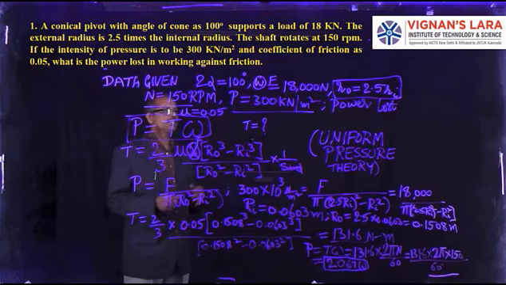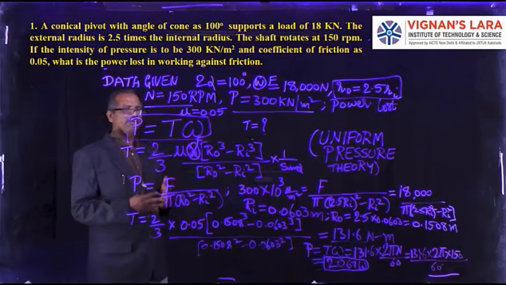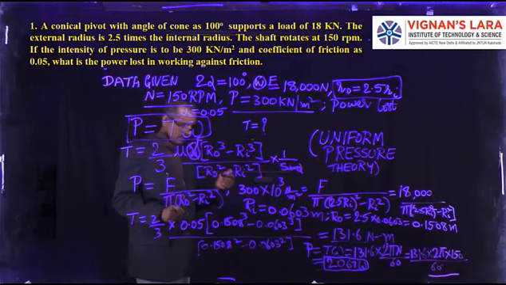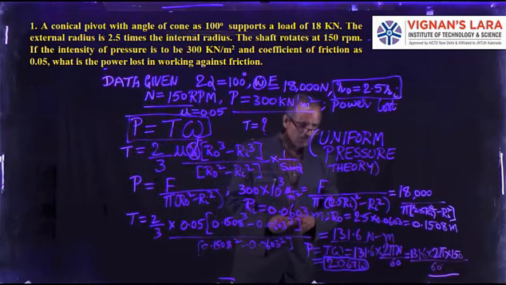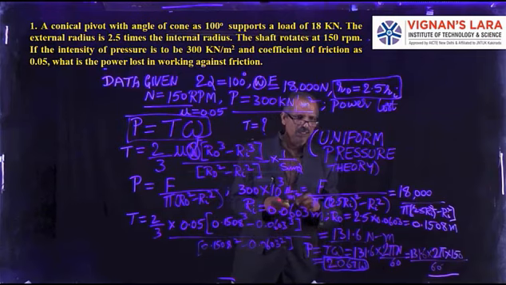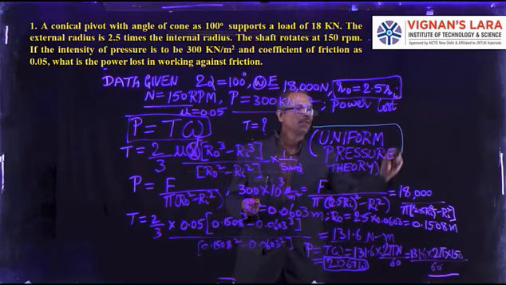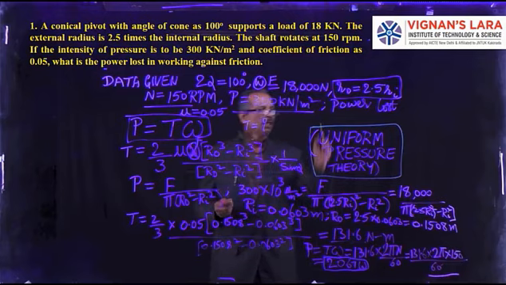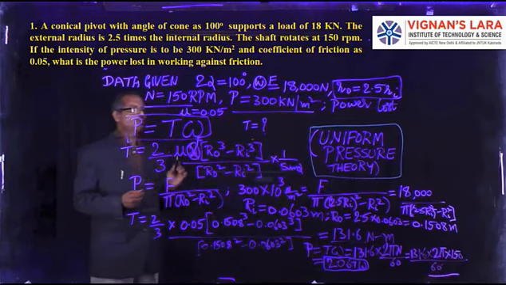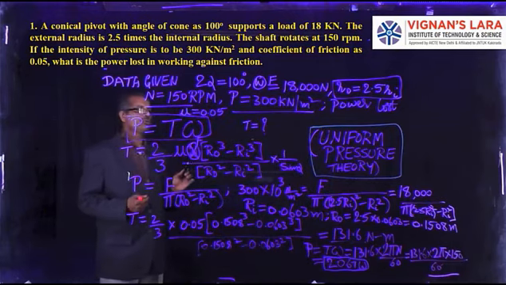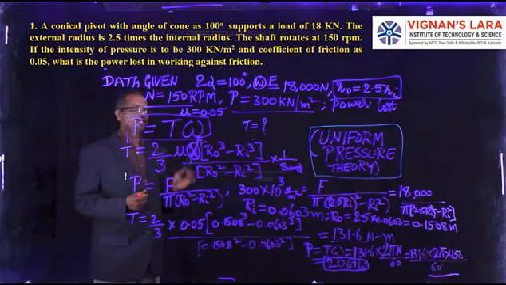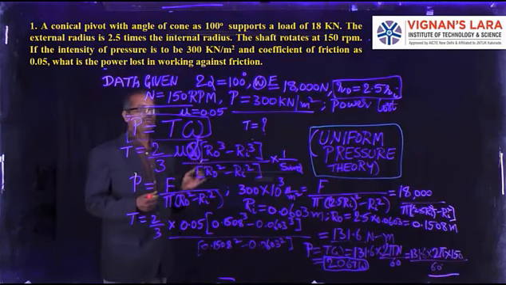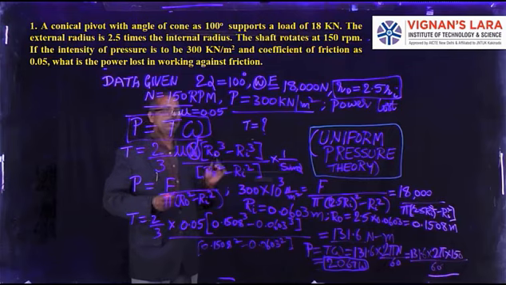As we discussed in the earlier theory, wherever we calculate power loss for bearings, it is preferred to use only uniform pressure theory. In clutches you don't use uniform pressure theory, you use uniform wear theory. The reason behind it is that if you assume more power loss and really it is less power loss, no problem.